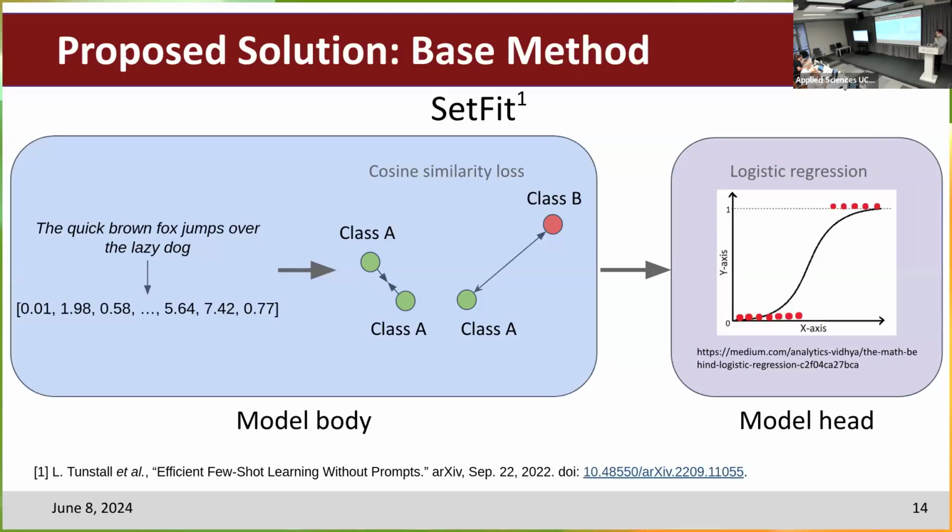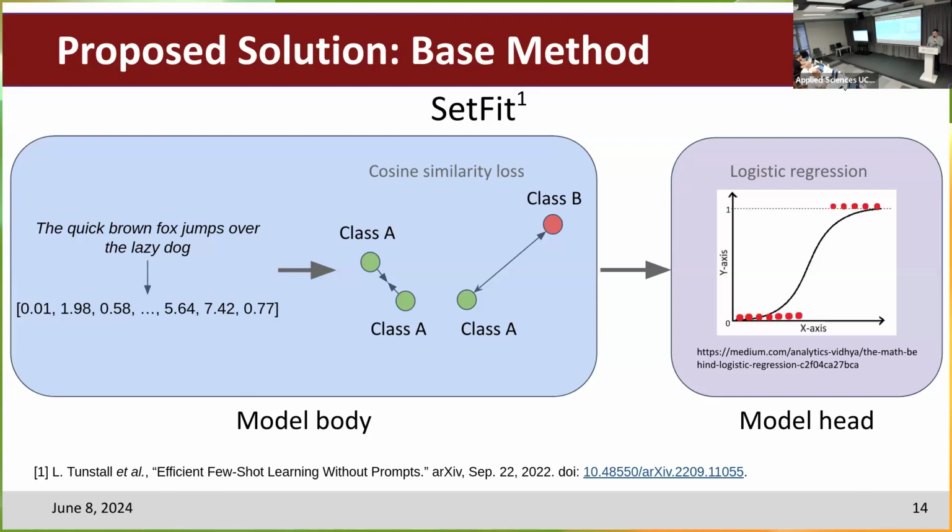Our primary solution is based upon SetFit, which is short for Sentence Transformer Fine-tuning. This is a method based upon sentence transformer architecture, which maps texts, typically sentences or paragraphs, to continuous dense vectors. And SetFit comprises two parts.